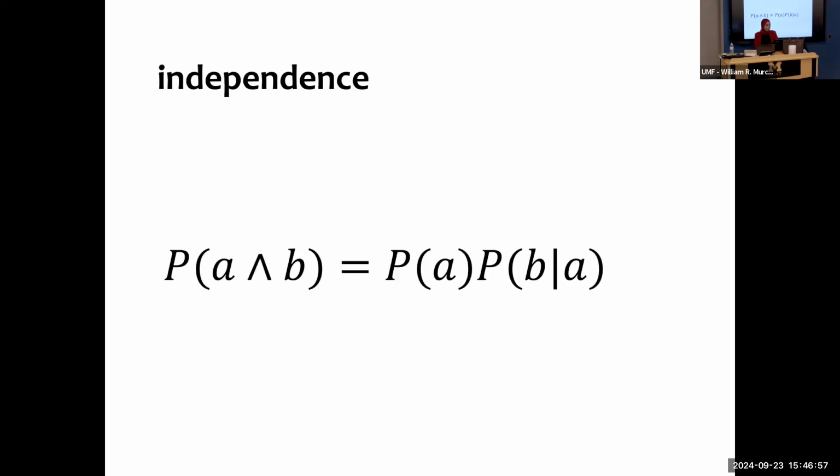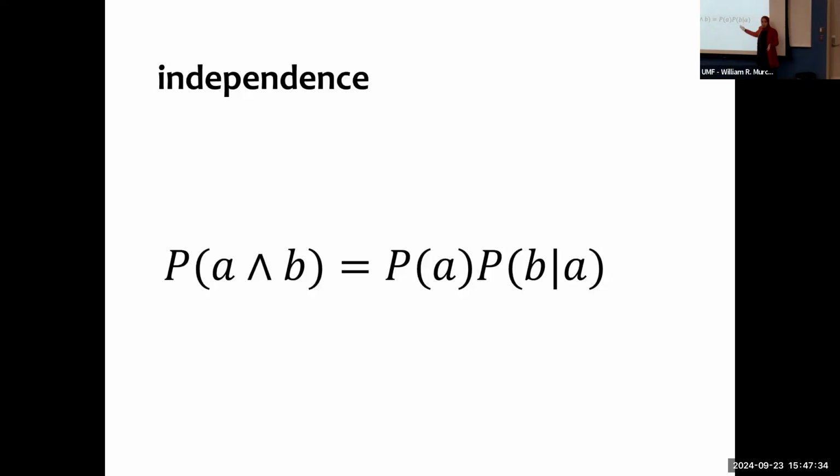Now, independence is illustrated by the probability of A and B is equal to the probability of A times the probability of B given A. So we went through this. Now, if both elements are independent, I know that the probability of A and B together is the probability of A times the probability of B given A. If things are independent, how do we consider the probability of B given A?